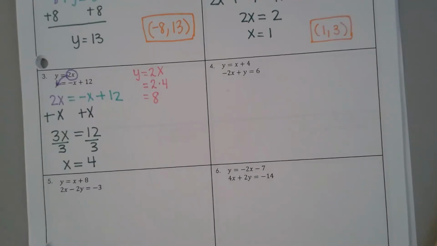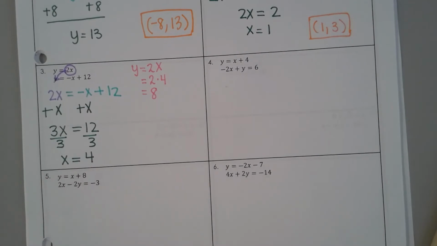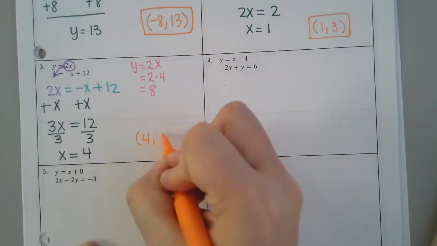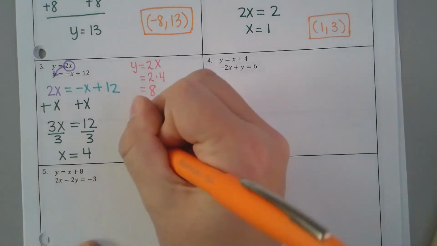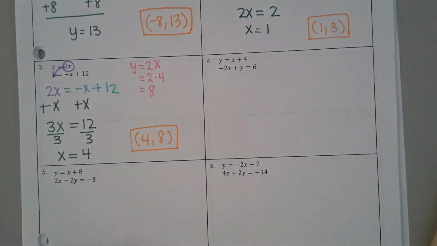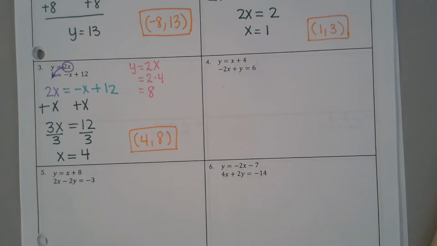So most times, you will have to plug that variable back in to get your other variable, your x or your y. So my solution is the point 4, 8. Does anyone have any questions? Okay.